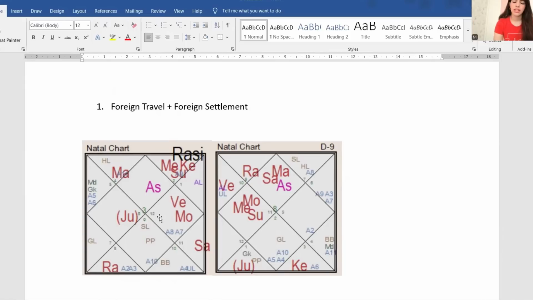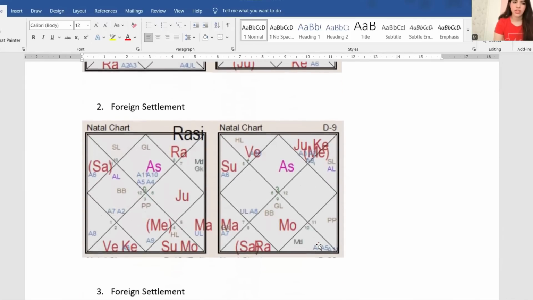Okay, so suppose you have Moon in the sign of Pisces, that also supports foreign travel and foreign settlement. So it is one of the combinations. So we see that in this case, the native has Venus also and Moon also in the sign of Pisces. So this is also one way. And the 12th lord, if you see, is Venus. That is also connected with Moon in the sign of Pisces. So there are a lot of connections being made in this chart that show that the person can settle in a foreign country.